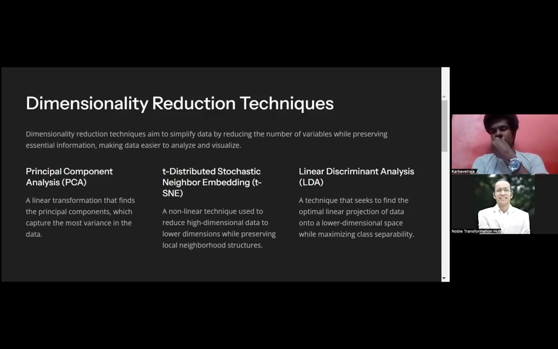Then LDA seeks the optimal linear projection of data into a lower dimensional space while maximizing class separability. They need to keep the classes separable so that there is no confusion. If classes become the same, there would be confusion with the data sets and those classes, and the model will not learn properly.